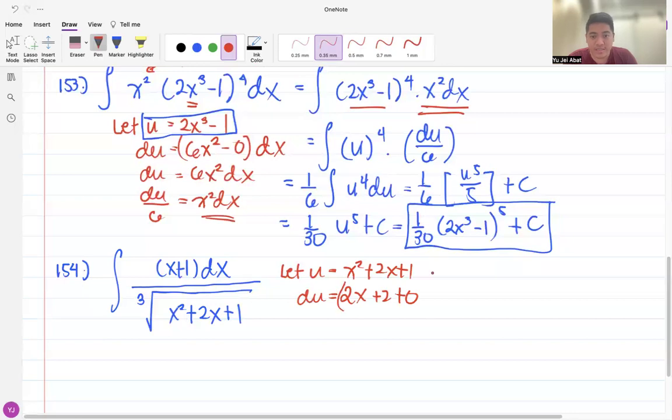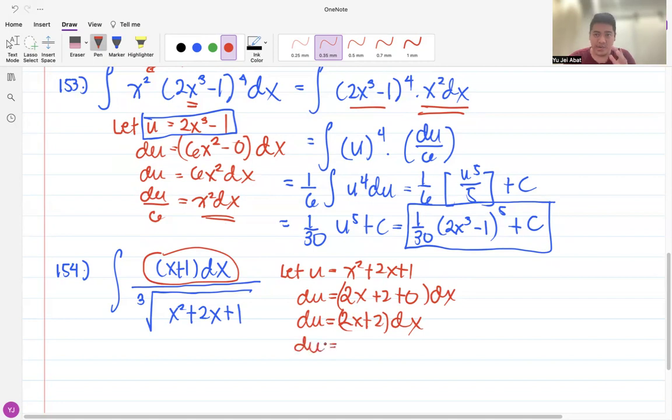The derivative of a constant is 0, so that's why the derivative of 1 is 0. So you have du equals (2x plus 2) dx. Sir, it does not appear that we have x plus 1 dx here. It's 2x plus 2. I know, but one thing is common in our du.